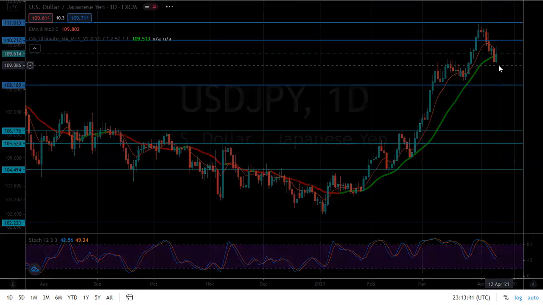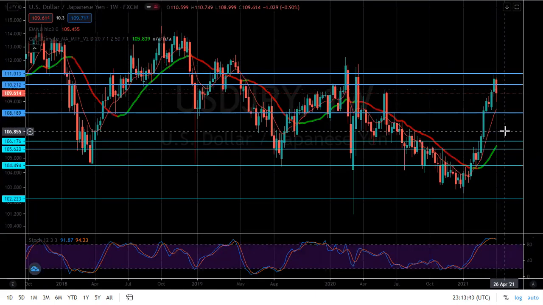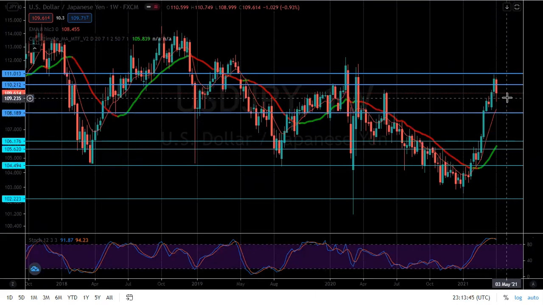Let's look at the weekly time frame to get a bird's eye view. Okay, from the weekly time frame, we had a bearish week for the dollar yen pair. So what we'll be looking forward to seeing is a retracement into this zone.